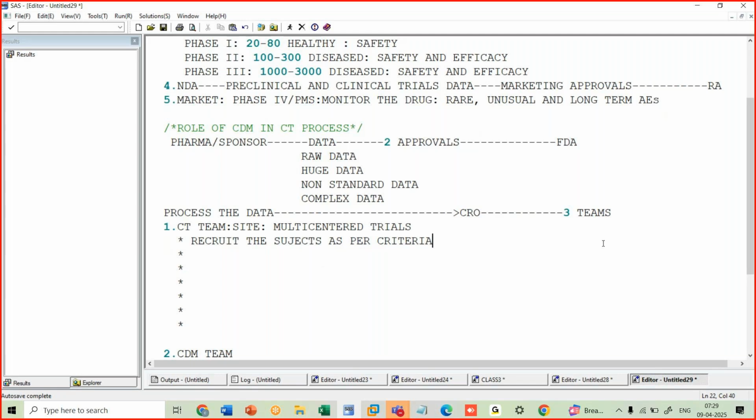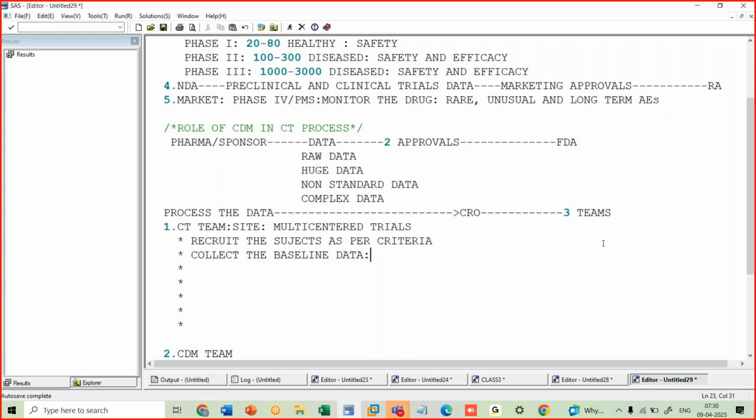As and when they recruit, we do not immediately give them the drug. They collect the baseline data. Baseline data means whatever data is collected before we start the treatment.